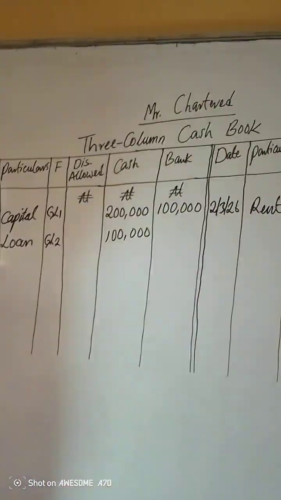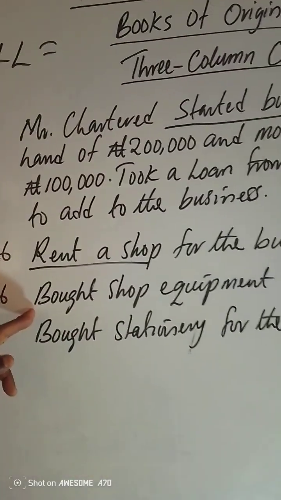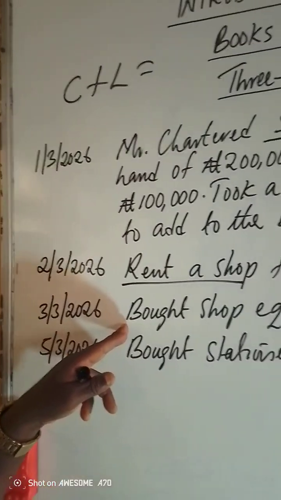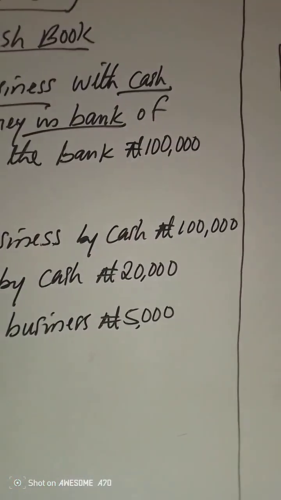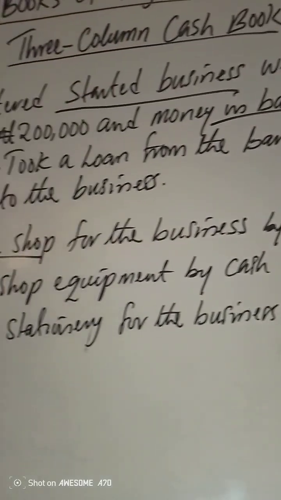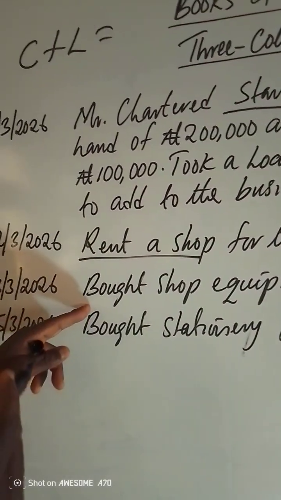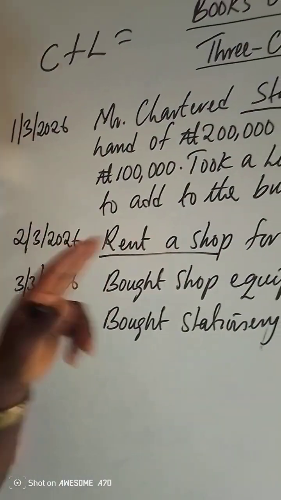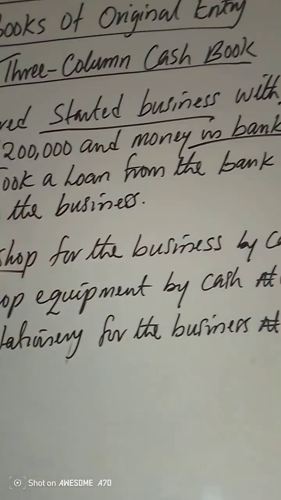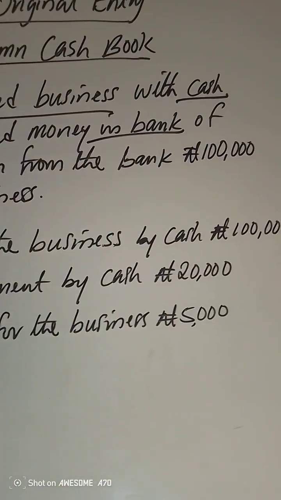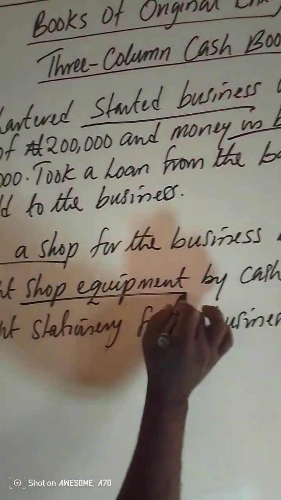The next is bought shop equipment by cash. Here too, the principle is still clear that anytime money goes out of the business, you should credit the cash book, because cash is given. Mind you, for double entry, we say that all givers are credited. So cash now is given, should be credited. Then, for what purpose is that cash being given out? It's given out to acquire shop equipment.